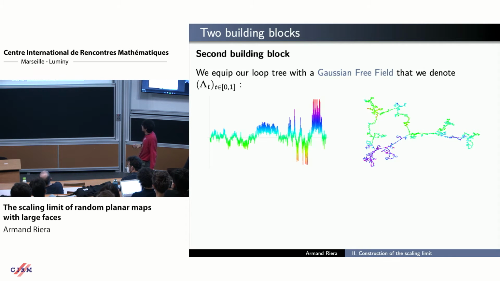This is, of course, very similar to what's happening for the Brownian sphere. For the Brownian sphere, the loop tree is the Aldous tree or the Brownian tree, and your labels are just Brownian labels. The difference is that in the case of the Brownian sphere, we can use all the technology and theory of the Brownian snake.